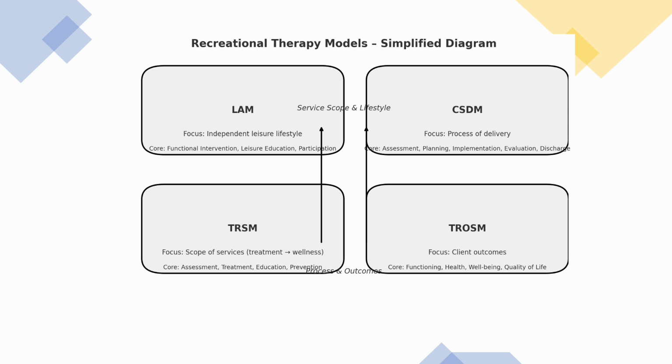We have our independent leisure lifestyle, the focus on process of delivery for the CSDM, the TRSM is the scope of services and treatment, related to wellness, and then the TROSM, which is the focus on client outcomes. So the top two are service scope and lifestyle, and the bottom two are process and outcome, focused on client outcomes and how they're related.